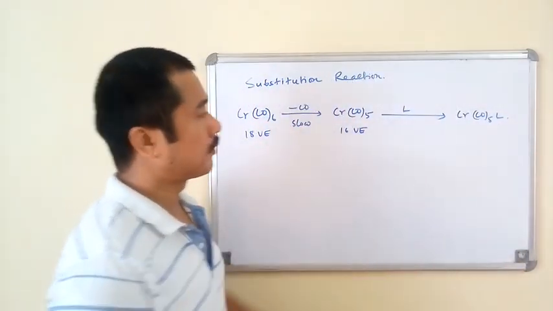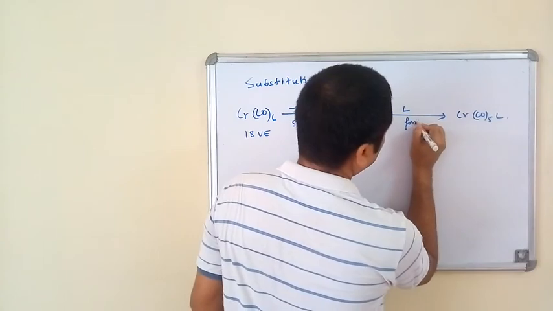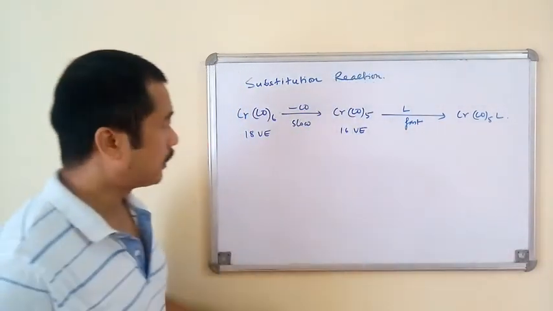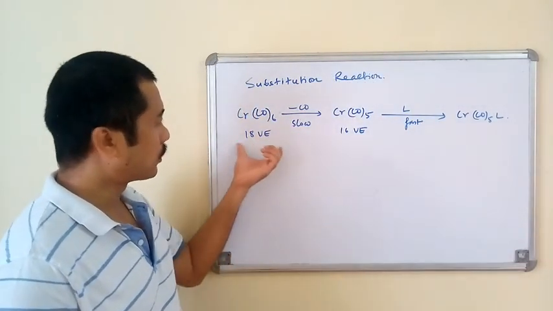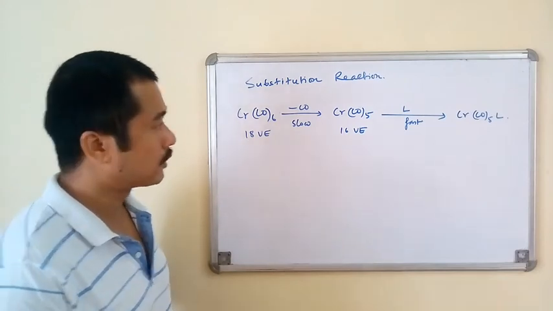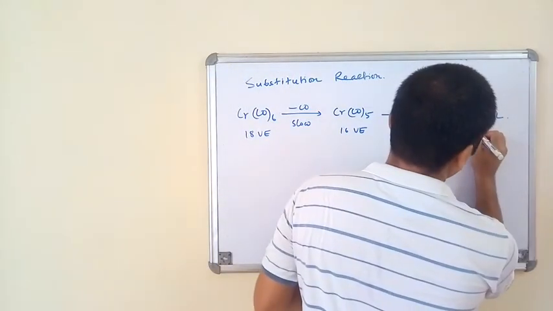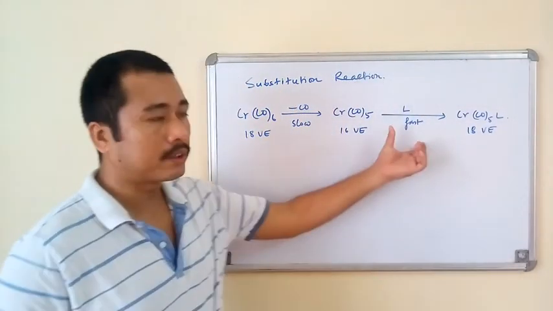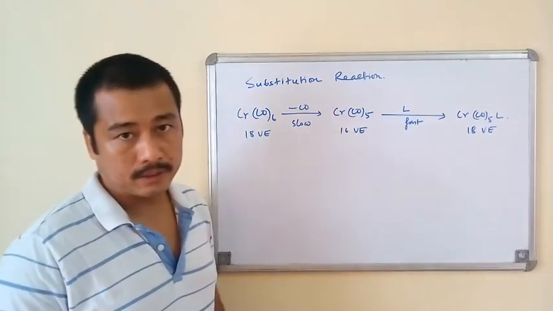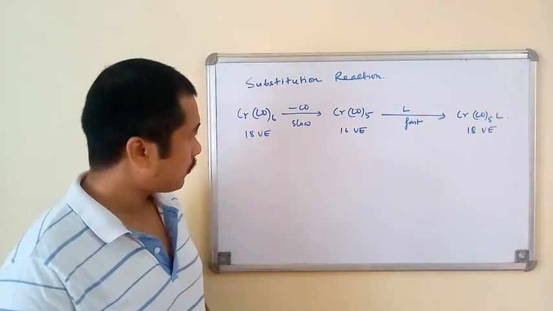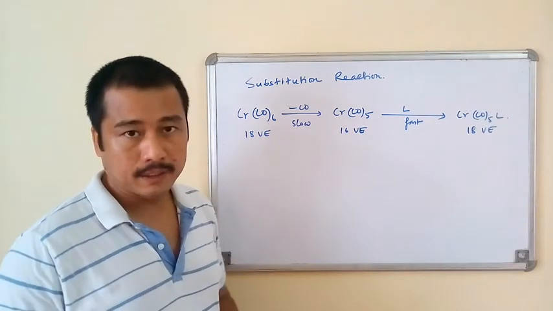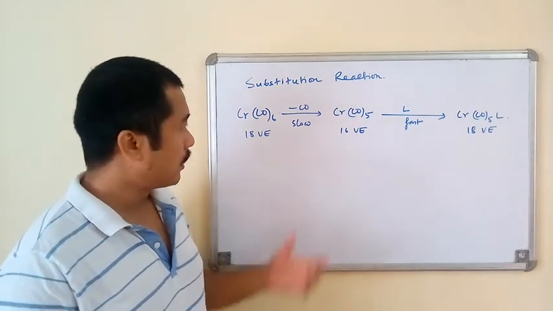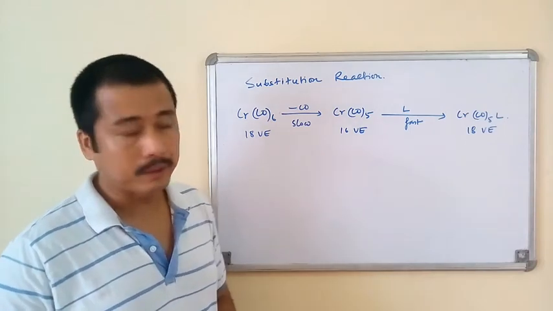So the second step is going to be very fast as compared to the first step, which involves dissociation of this 18 valence electron species, while the second step produces a 18 valence electron species after addition of L, and that is why it is typically pretty fast. So this step is the rate determining step for the dissociative pathway.